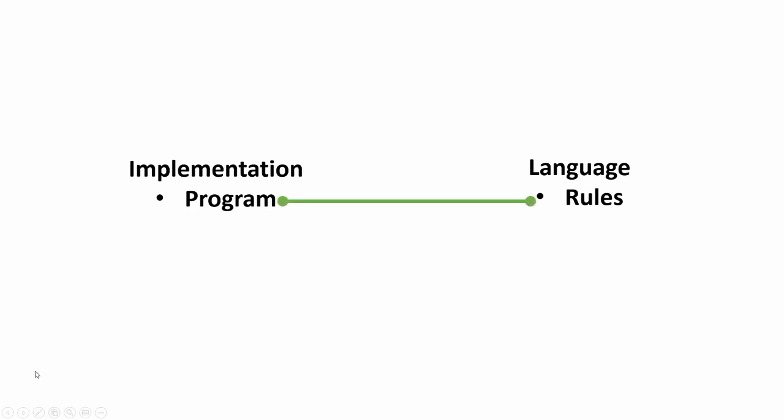So there's a relationship between the two different things, the language and the implementation. Earlier, when we downloaded Python, which was the very first step that we did in the last video, what we ended up actually doing was downloading something called CPython. And this was the implementation. This is what allows us to actually execute the Python code.